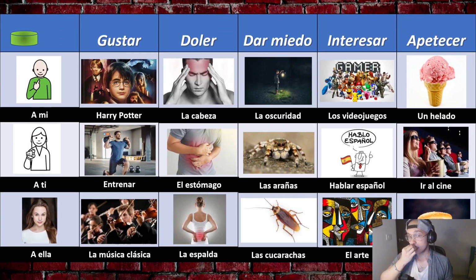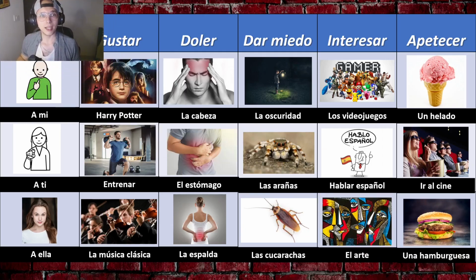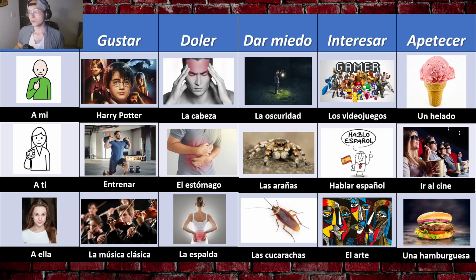Now, let's get some practice. Here we'll have these verbs. Gustar, to like. Doler, to hurt, when something hurts. Dar miedo, to be scared of something. Interesar, to be interested in something.